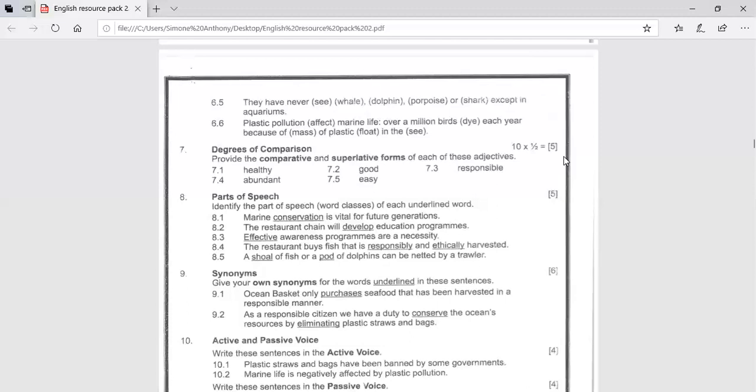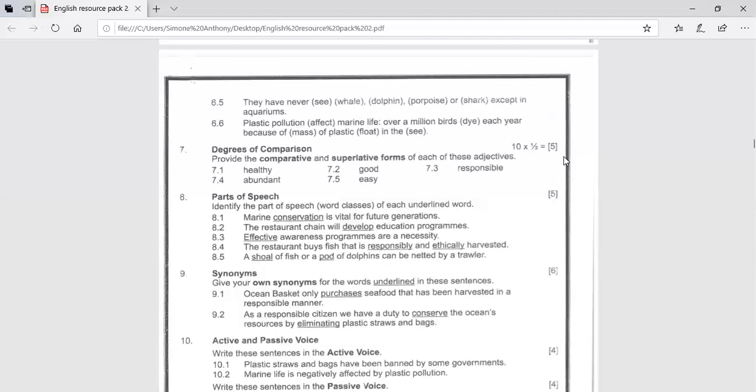If we look at the next one that focuses on degrees of comparison, provide the comparative and superlative forms of each of these adjectives. So here it would be how you're comparing, your degrees of comparison, which you are familiar with.